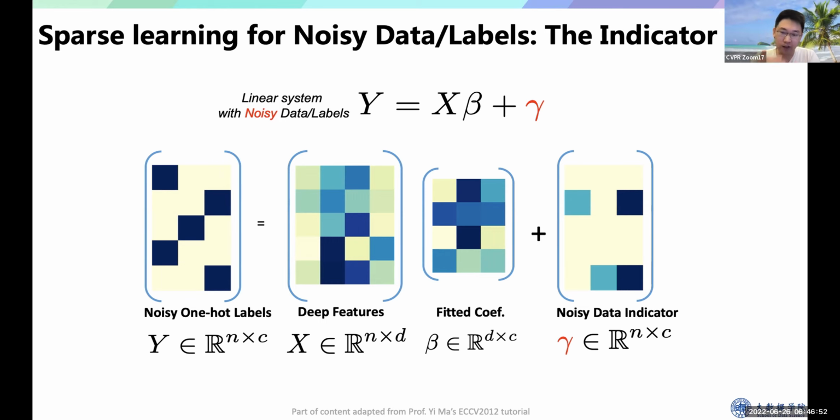This makes the difference. For clean data, we want the gamma to be zero, and for noisy data, the gamma should not be zero. And this is the shifted linear system. So by using this system, we can do sparse learning for noisy data and labels.